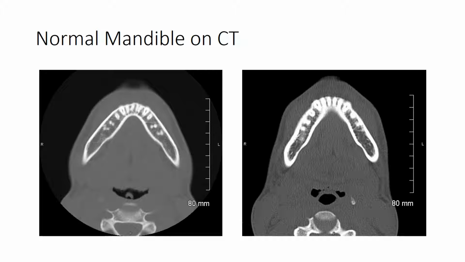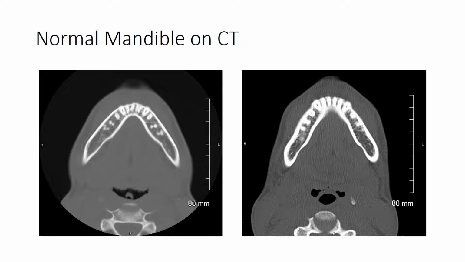So these 2 axial sections on CT bone windows are from 2 different patients. The one on the left is from a 16-year-old male, and the one on the right is from a middle-aged man. And I'm just trying to show the variability in what is considered normal. So on the left, you can see there's a nice smooth cortex with trabeculation.